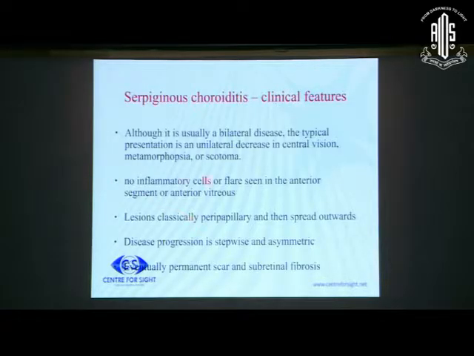Very important, the anterior cells and flare may be seen, but vitritis is generally absent in serpiginous choroiditis. Lesions are classically peripapillary and then spread outwards, and the disease progression is stepwise and again asymmetric. It may have skip lesions in between. It may progress faster in one eye and slower in the other, eventually leading to permanent scar and fibrosis.